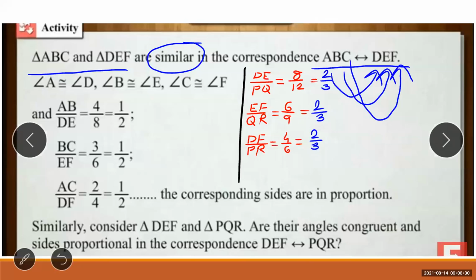So it is called in correspondence. So both triangles are in correspondence to each other.